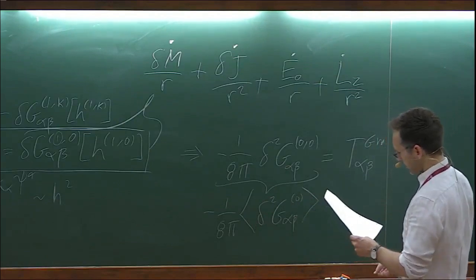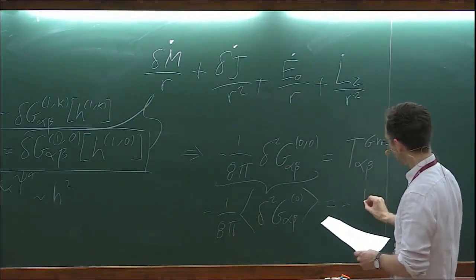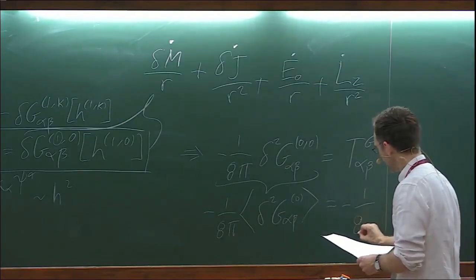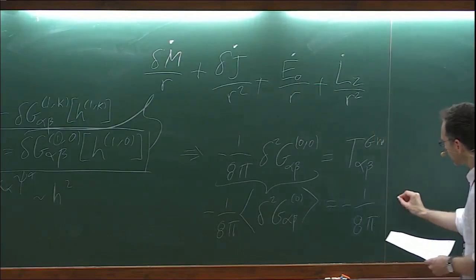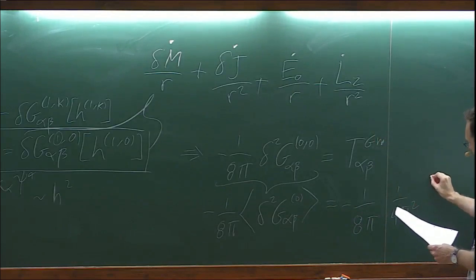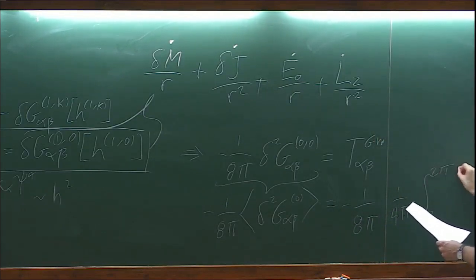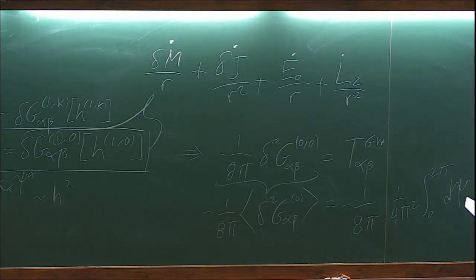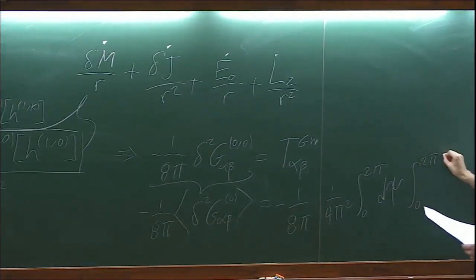And the average here means an average over the phases. You integrate from 0 to 2 pi over the radial phase, and you integrate from 0 to 2 pi over the azimuthal phase.